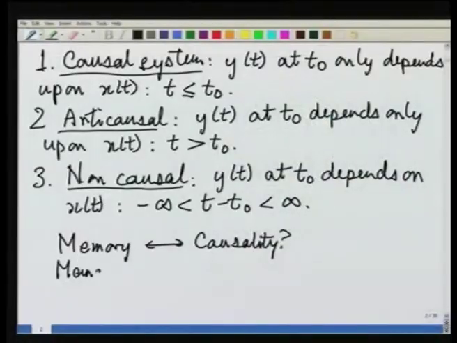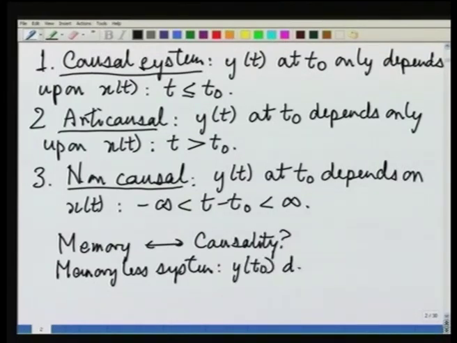If we recall the definition of a system that had no memory, a memoryless system, then y(t naught) depends only on, of course, x(t naught).